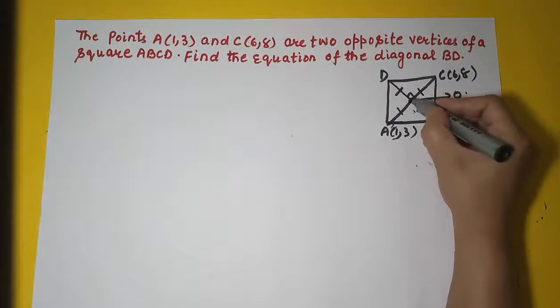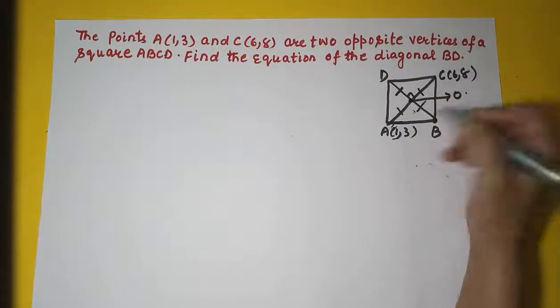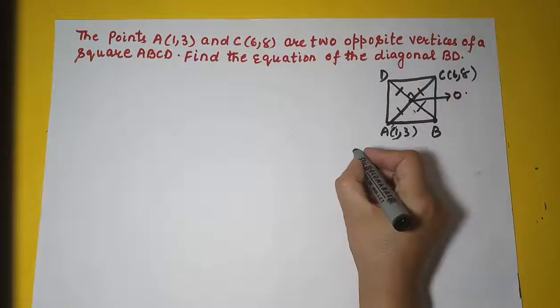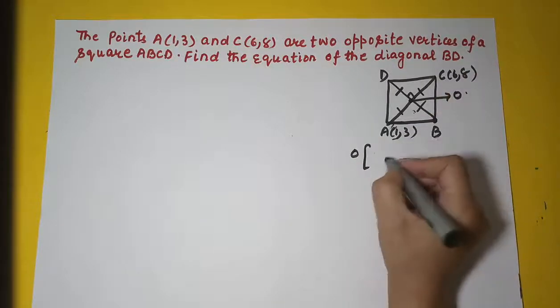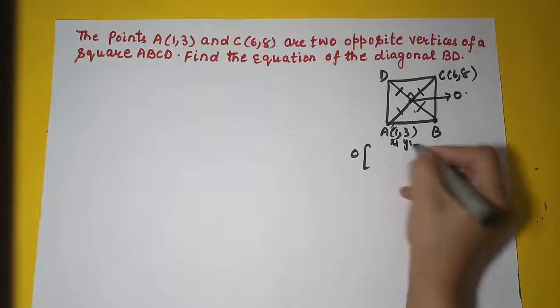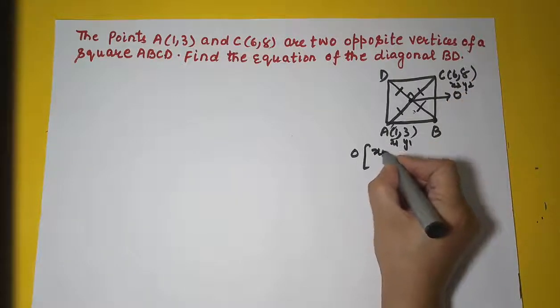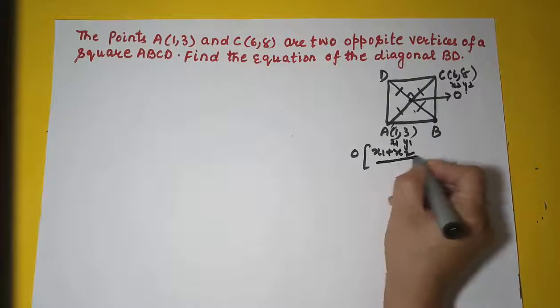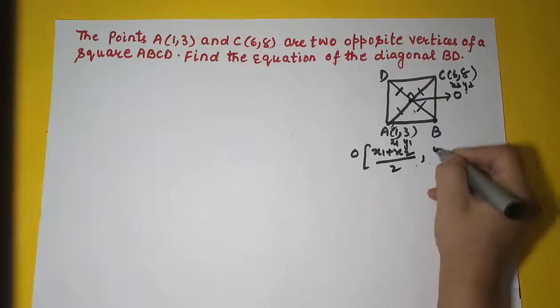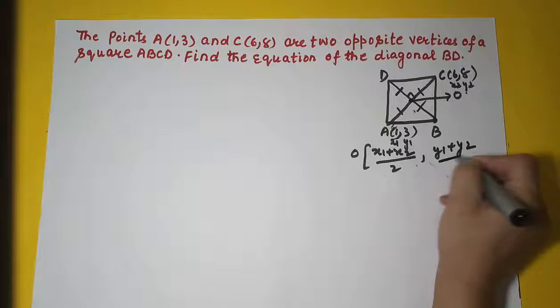So how do we find this point O? O is the midpoint of AC. So let's calculate the coordinates of O. If this is x1, this is y1, this is x2 and this is y2, we know that the coordinates of the midpoint are calculated as (x1 plus x2) by 2 and (y1 plus y2) by 2.